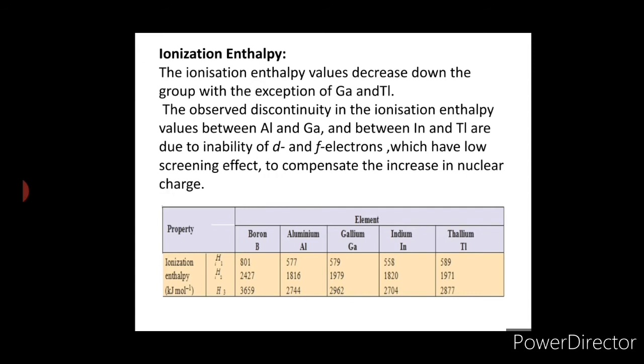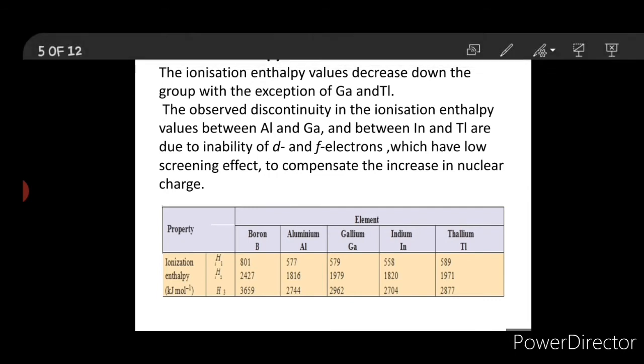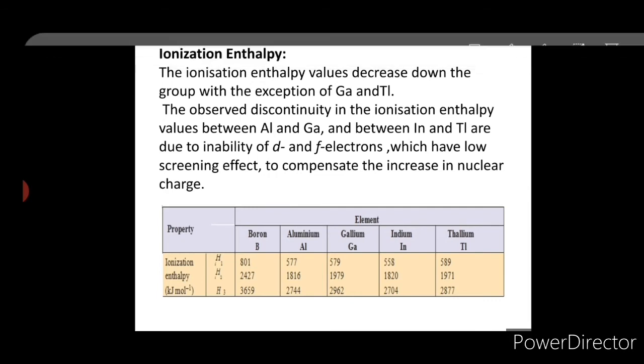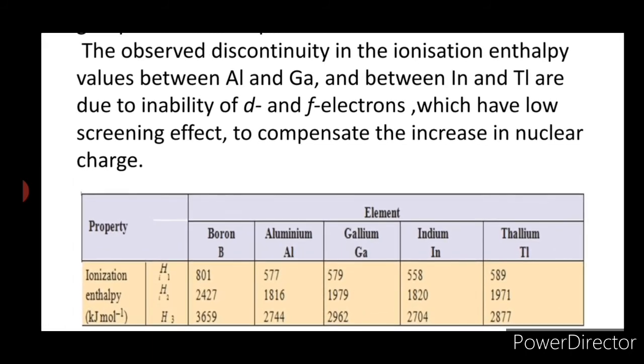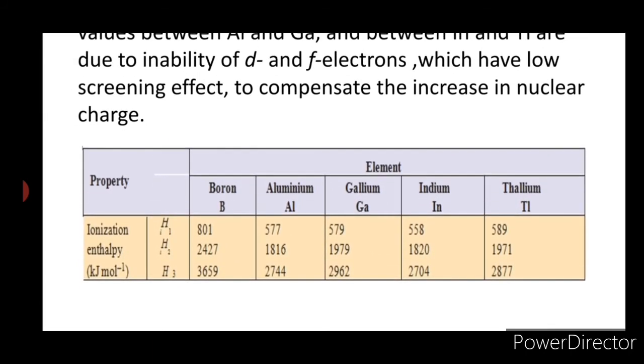As you can see from the table again, the first ionization enthalpy for boron is 801, aluminium 577, gallium 579.